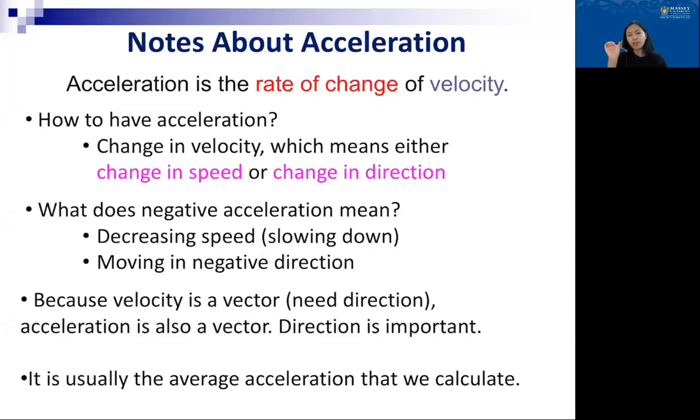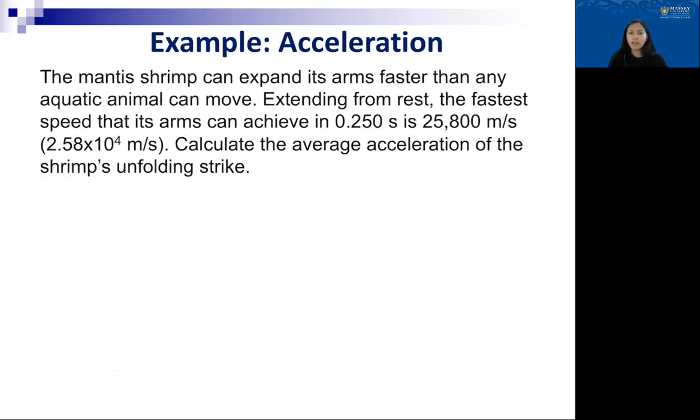So both the change in speed and the change in direction are important in contributing to acceleration. So moving in a negative direction, like backwards or downwards, will give you negative acceleration, right? Good.